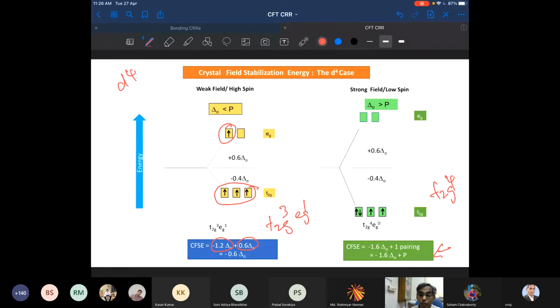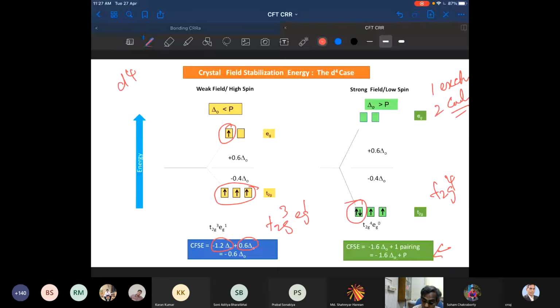Pairing energy is very important, because if the electron has to pair, come and sit in this orbital, it has to overcome two things. It has to exchange the spin and it has to overcome the Coulombic repulsion. One is the exchange of the spin, which needs energy. The second one is the Coulombic repulsion energy.